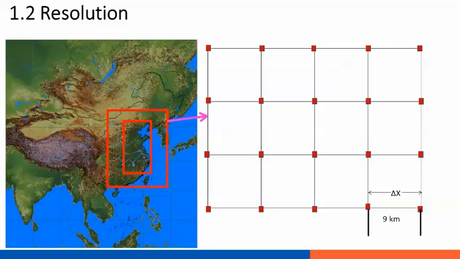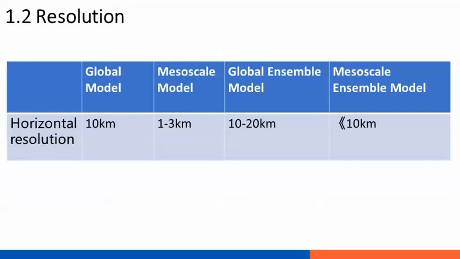A resolution on the order of 10 to 50 kilometers is considered high for a global model, while for a storm-scale model, a resolution of 100 to 500 meters is considered high and necessary to resolve the internal processes of convection. This is an example of a 9 kilometer grid spacing model. The main operational high resolutions are as follows.